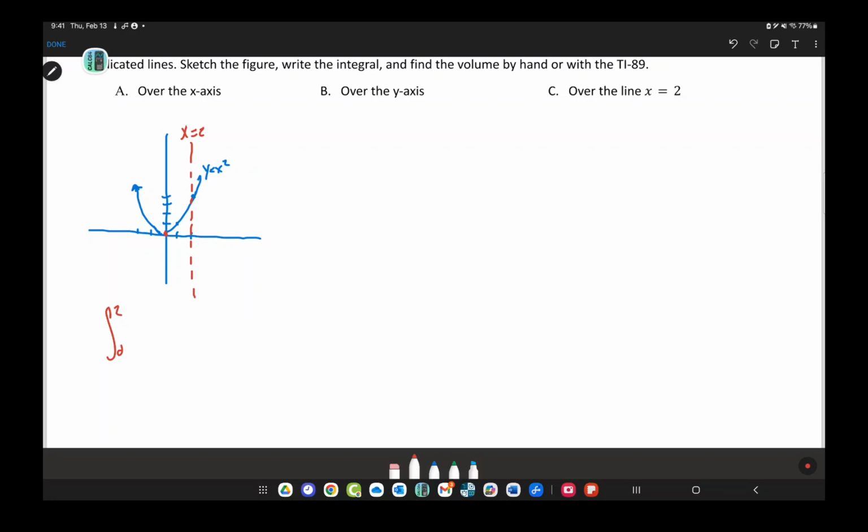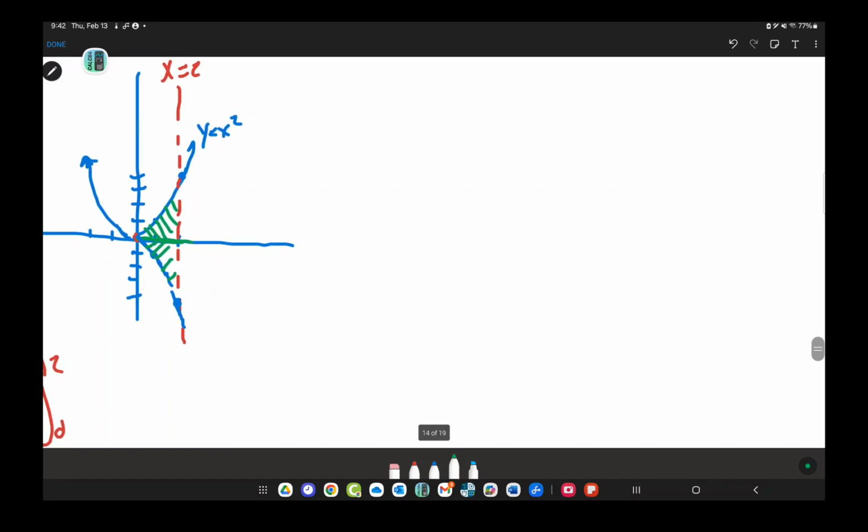Now, if I'm rotating this around the x-axis, that means I'm also going to have this down here, where I have the point 1, 2, 3, 4. And the volume I'm finding will be this right here.